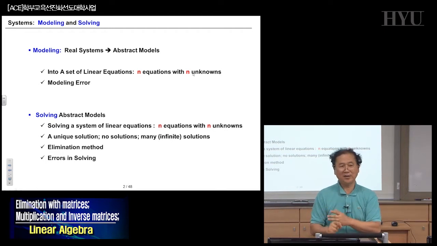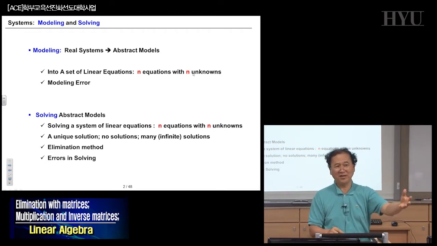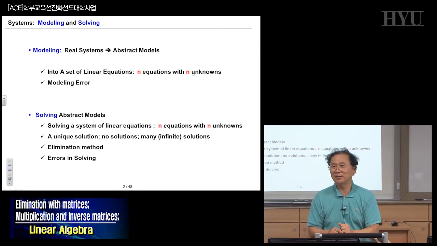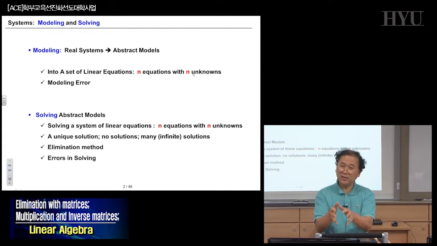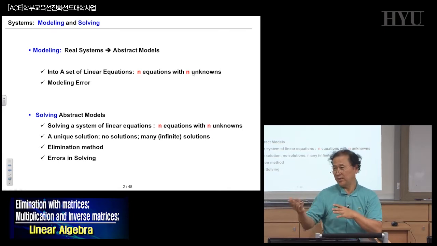I mentioned one example about velocity and distance, right? When you model that with this linear system, it doesn't make sense, right? So whenever we apply this, we have to find out whether it's a good model or not. Also, in modeling, some errors are introduced.